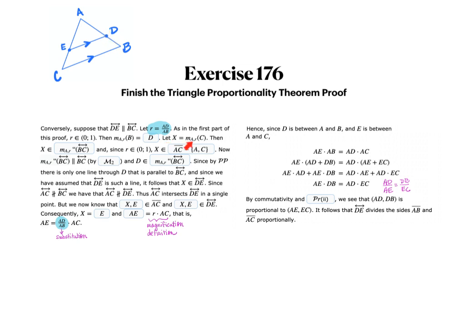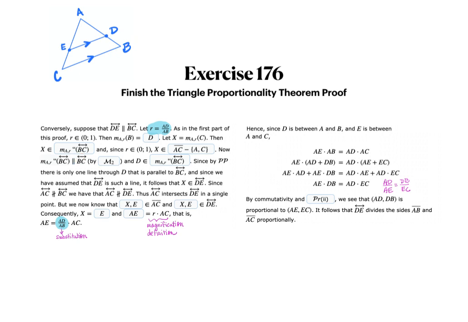We're going to let X be equal to the magnification of C with center A. So X is going to be somewhere over here, and in fact it's going to be E, but we're going to prove that. Then X is an element of the magnification of line BC.